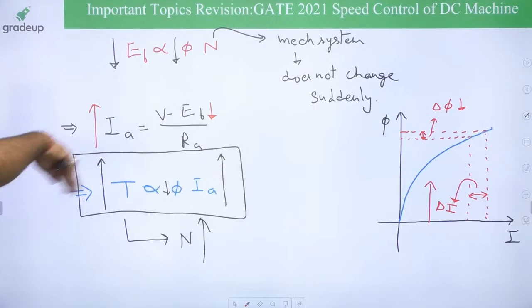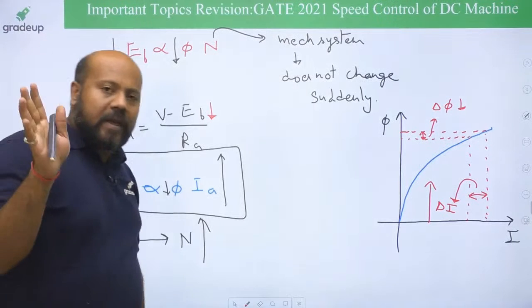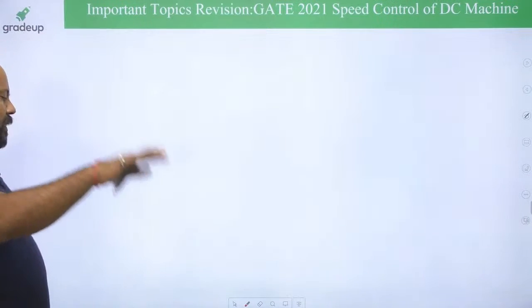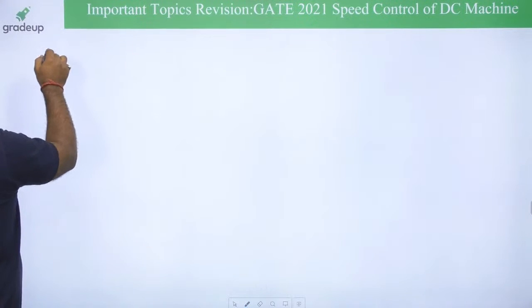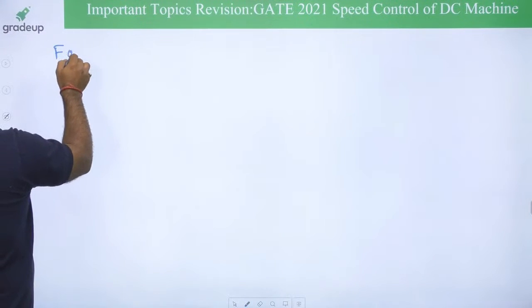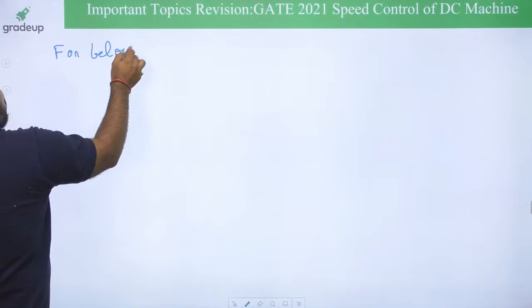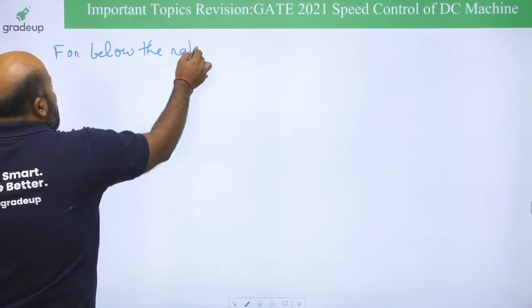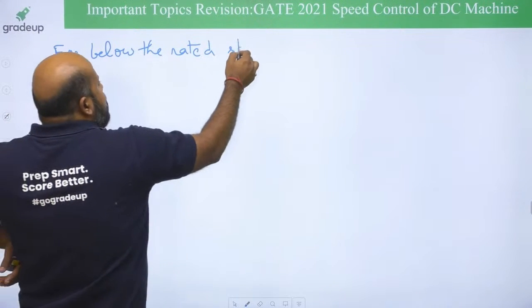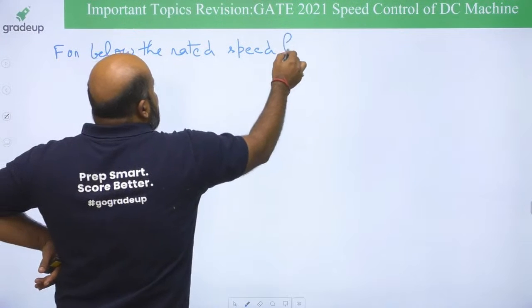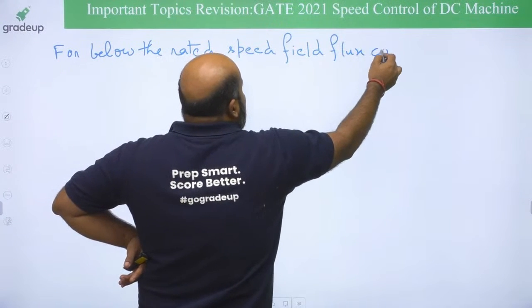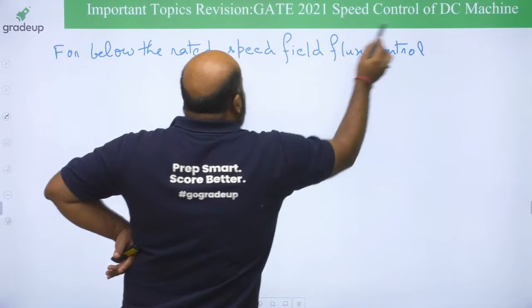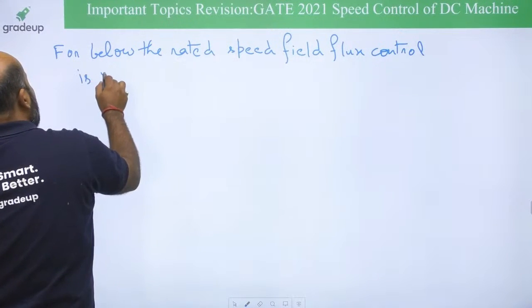Now we have reduced the flux. Suppose you want to increase the flux, and you want to control the speed below the rated speed or base speed. For below the rated speed, field flux control is not used.